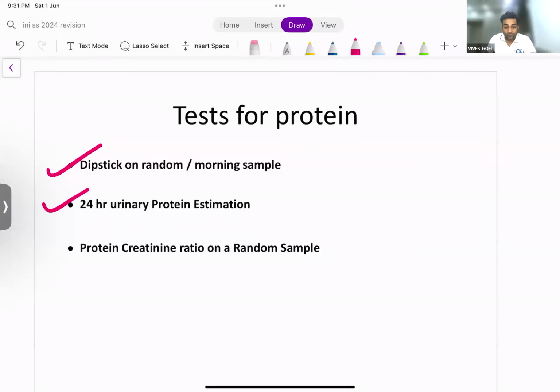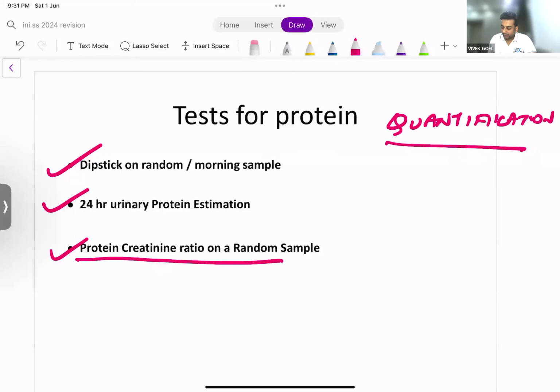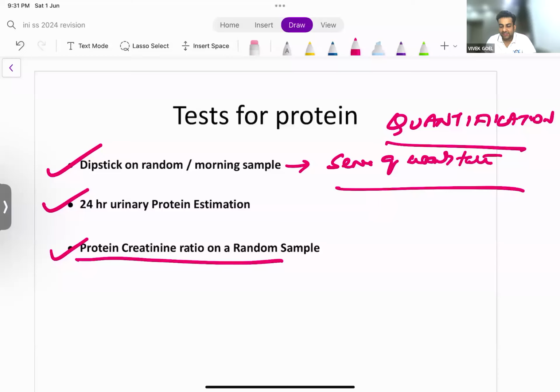Second, for quantification, we do a 24-hour urinary protein estimation. And a surrogate of 24-hour urinary protein is the protein creatinine ratio on a random sample. So these are the quantification methods, and the dipstick is of course semi-quantitative. So you will get 1 plus, 2 plus, 3 plus or trace, whatever. Am I clear?